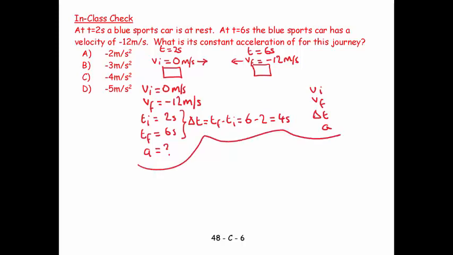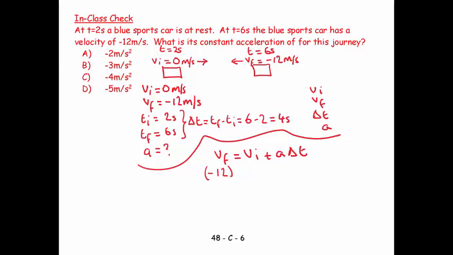I'm going to say Vf is equal to Vi plus A delta t. And I prefer to substitute numbers into the original equation because sometimes you find there are happy coincidences where things have zeros in and they just go away. So I say, okay, well, Vf is going to be minus 12.